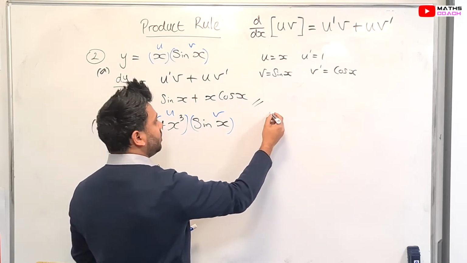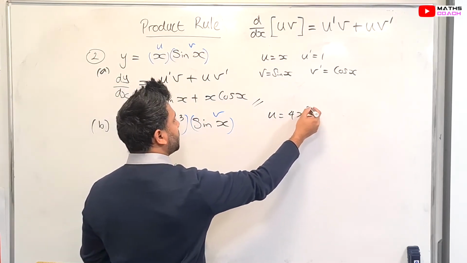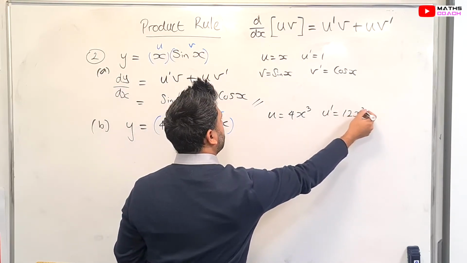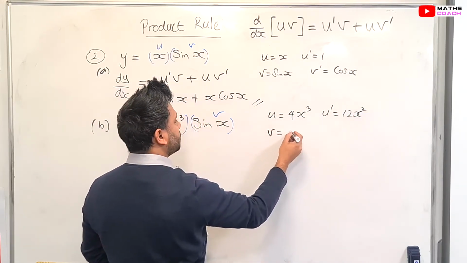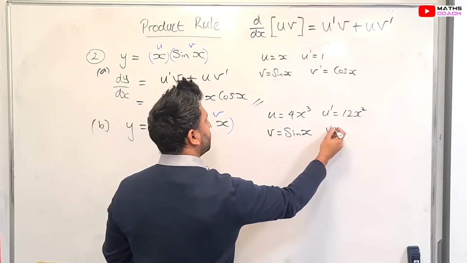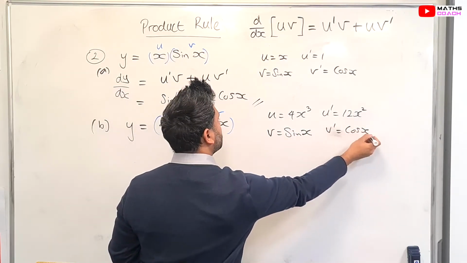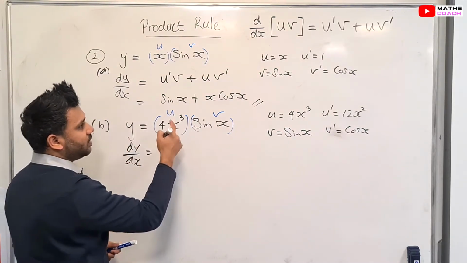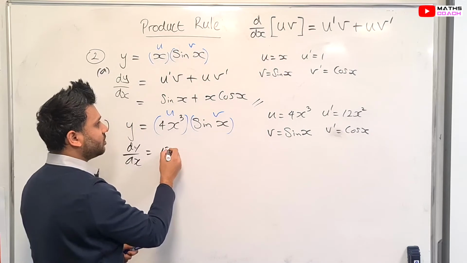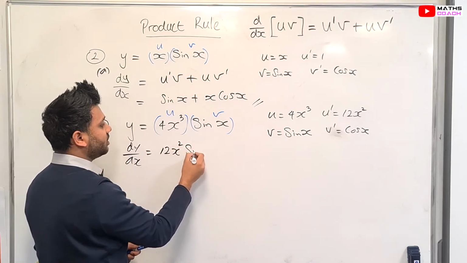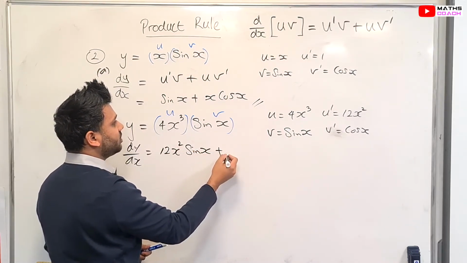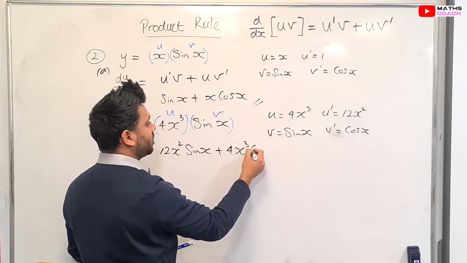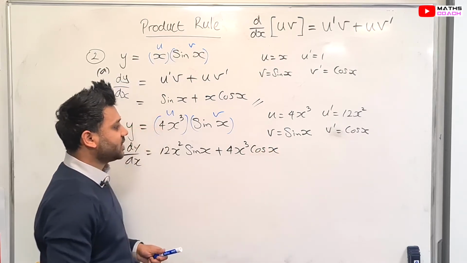So we have u equals 4x to the power 3. u dash is therefore 12x squared. v equals sine x, v dash equals cos x. So therefore dy/dx would be u dash v, so that gives you 12x squared sine x, plus u v dash, so that's 4x cubed times cos x.